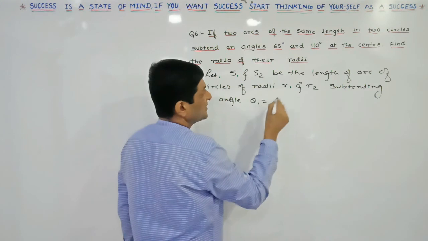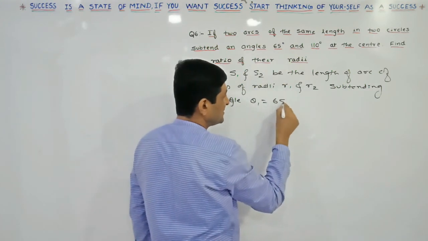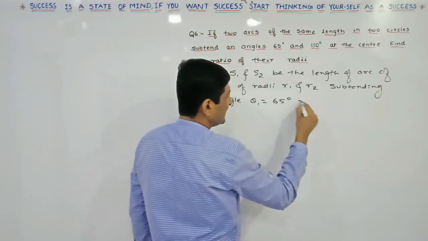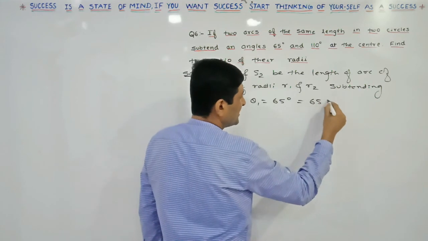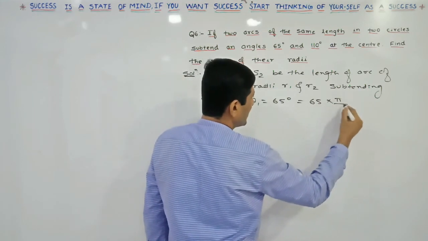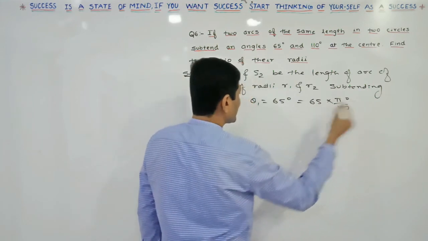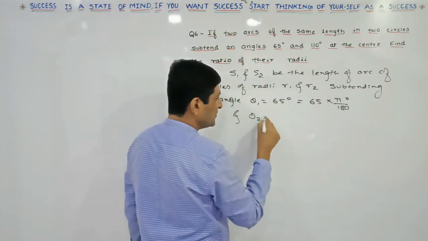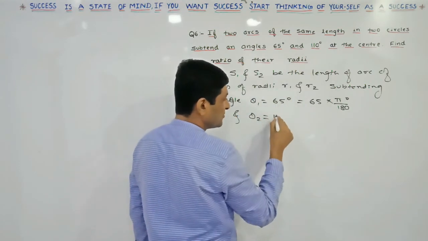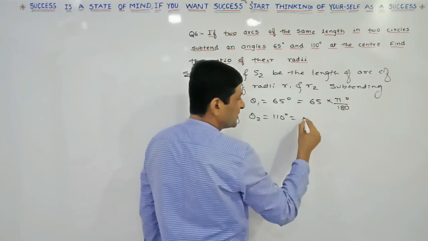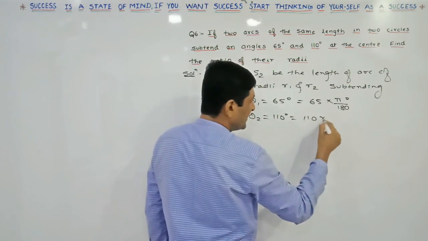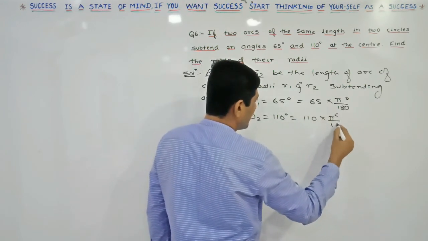Theta1 is equal to, what is the value of theta1? 65 degrees, convert it into radian, I am simply multiplying by pi by 180, and theta2 is equal to 110 degrees. Again, to convert this degree measure into radian measure, we simply multiply by pi by 180.